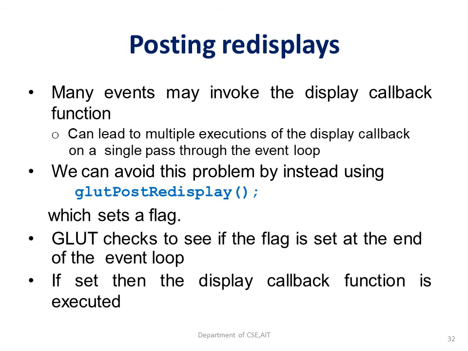So glutPostRedisplay is used whenever we are modifying the display, and it takes effect only once because of the flag. You don't have to call the display function again and again. You can just use one API, glutPostRedisplay, and based on its flag, the display will be executed only once at the end of the event loop.